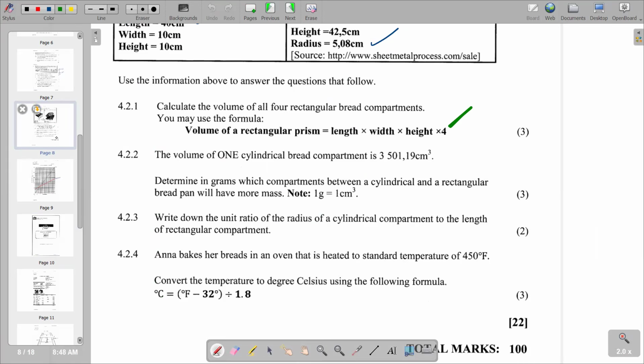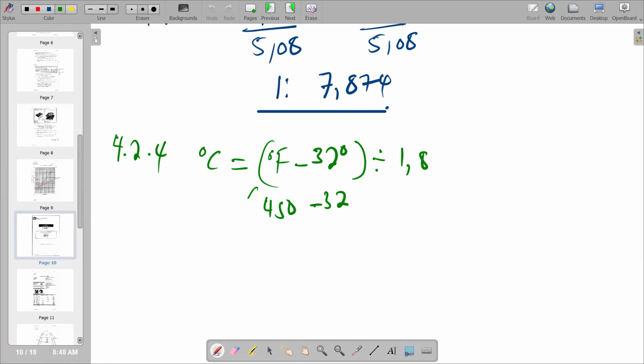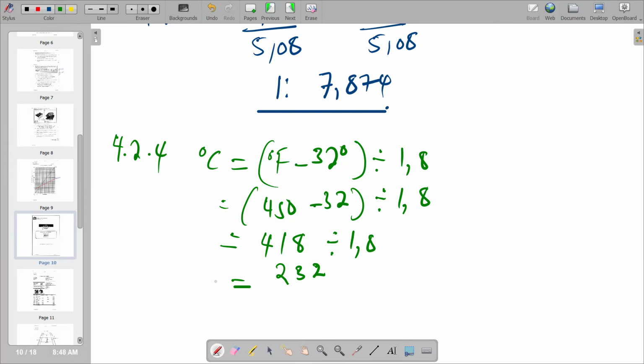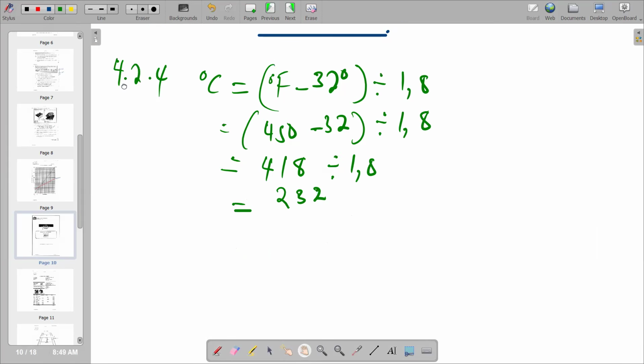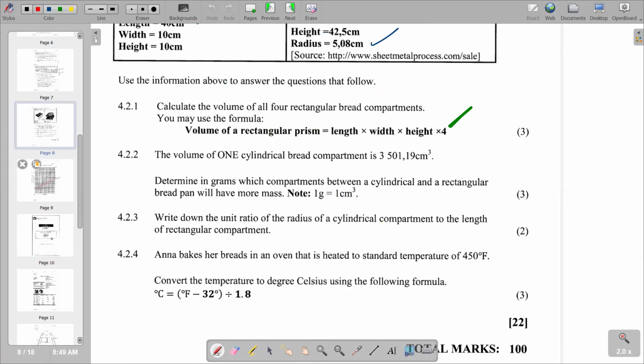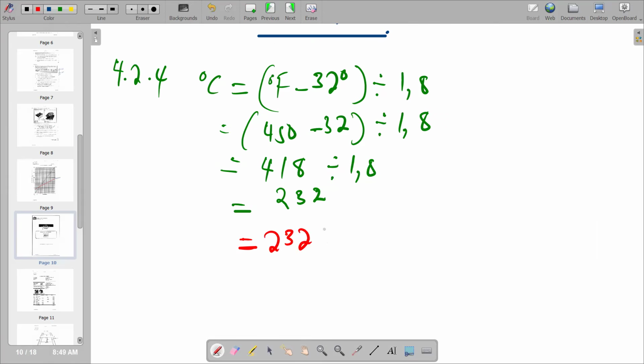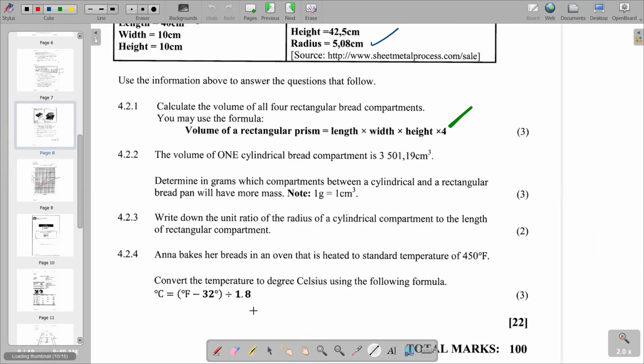The answer that you get is equal to 232. Remember, our question requires us to present it in degrees Celsius, so we say it is equal to 232 degrees Celsius. So basically, this is what we call that part, and this becomes the last part that we have according to this question paper.